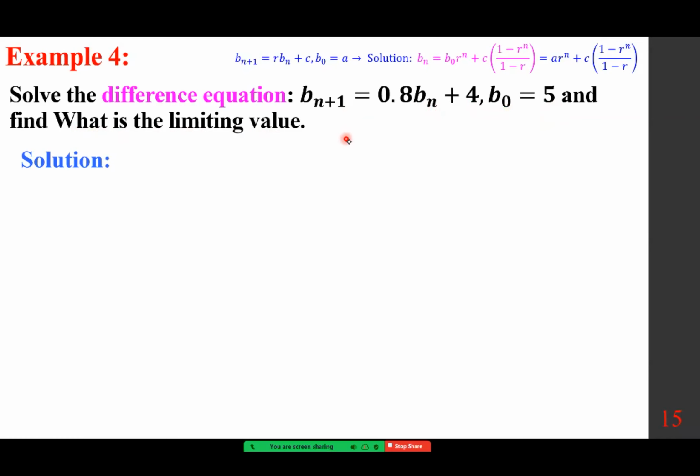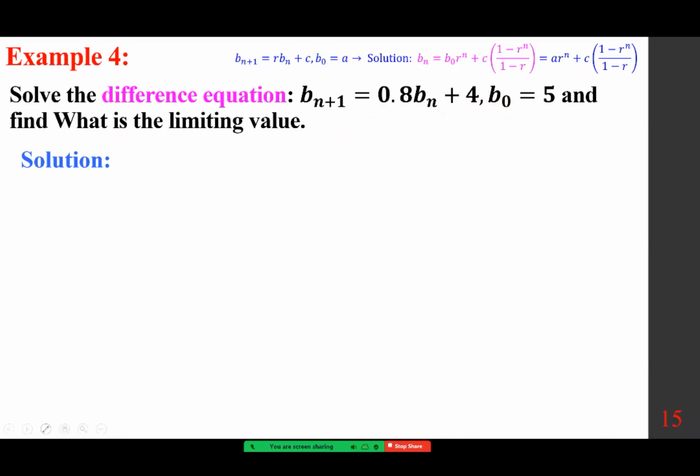So anytime you have a question like that, or a word problem, the very first thing is to dissect the problem and write the given. Okay? And remember, we have the formulas, we have the solution, the process. So let's compare this to this. First of all, b sub 0 or a is 5.